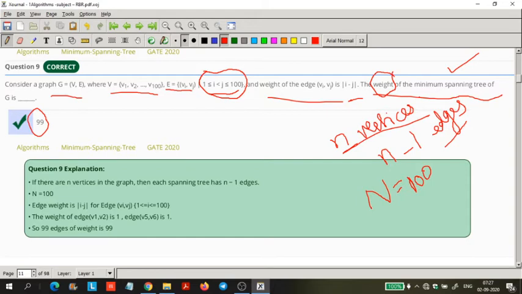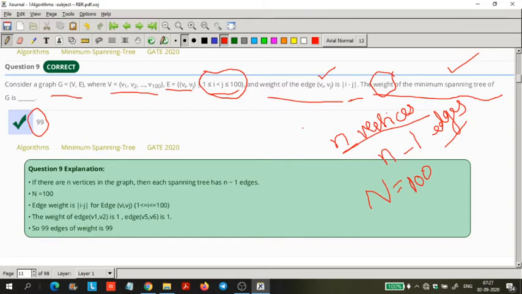So the weight of the edge v1 v2 is 1, and the weight of the edge v5 v6 is also 1.